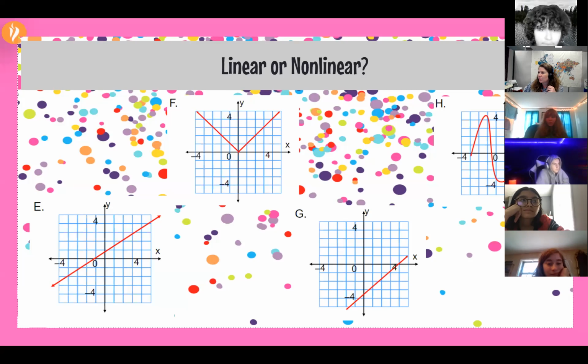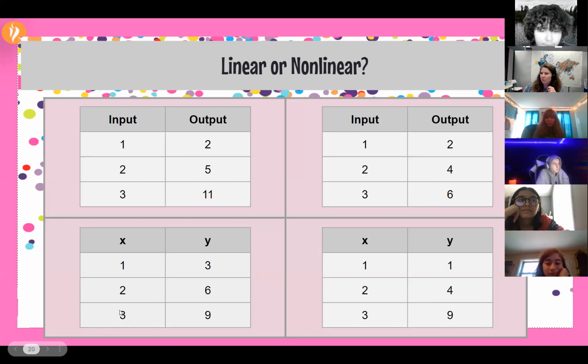Letter H. Kumar is thinking. Kylie actually beat you to it, Kumar. She said non-linear. Yay, that is correct. Y'all are learning so much. All right, these are the ones that require a little bit more work, right? Yeah, Kylie, you beat Kumar answering that one.